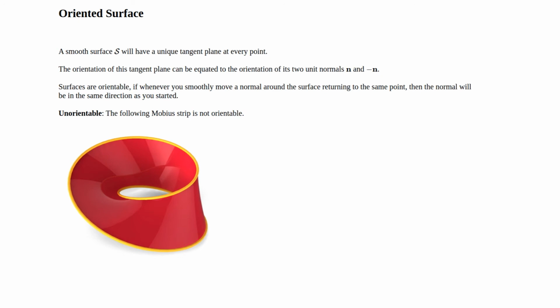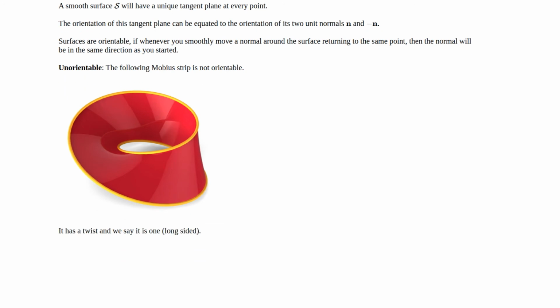And you could reach that same point where you started outwards and wind up inwards. And so we think of this surface as having a twist, or in other words, just having one long side. So it's not two-sided. It only has one side, because you can move from something that looks like it's on one side to the other side without ever going across an edge.